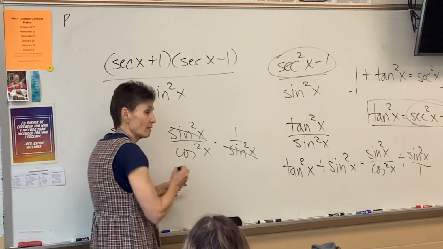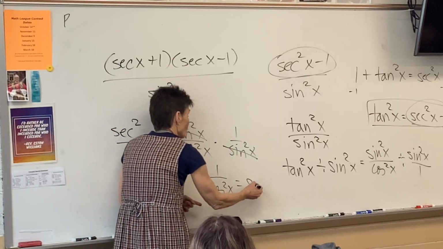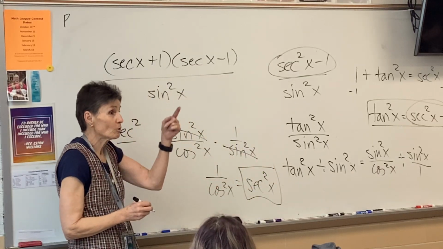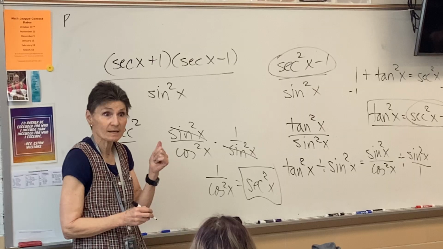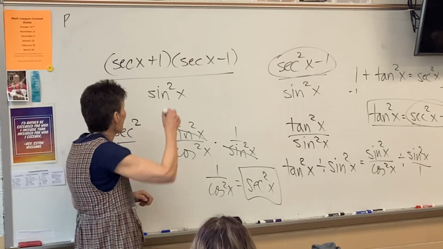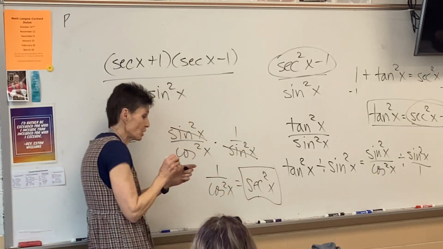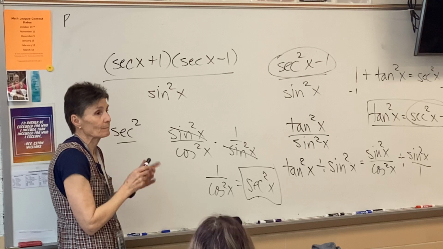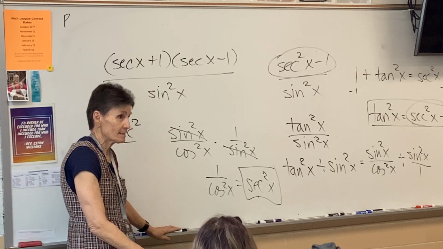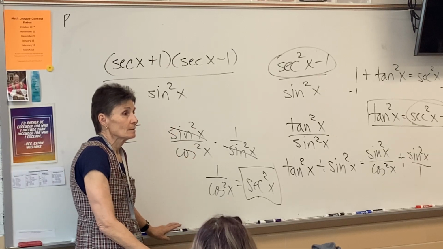And what am I left with? 1 over cosine squared, which is secant squared. Remember, 1 over cosine is secant. So that guy simplified down to just secant squared. 1 over cosine is secant. The reciprocal of the cosine is secant.